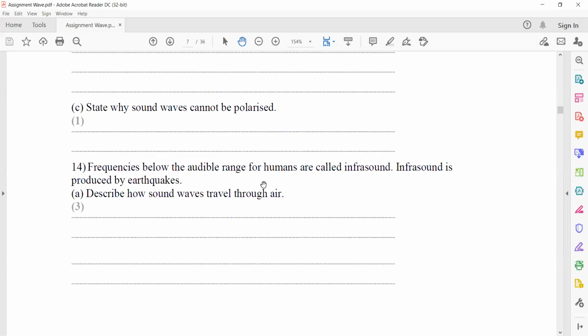Frequencies below the audible range for humans are called infrasound. Infrasound is produced by earthquakes. Describe how sound waves travel through air.